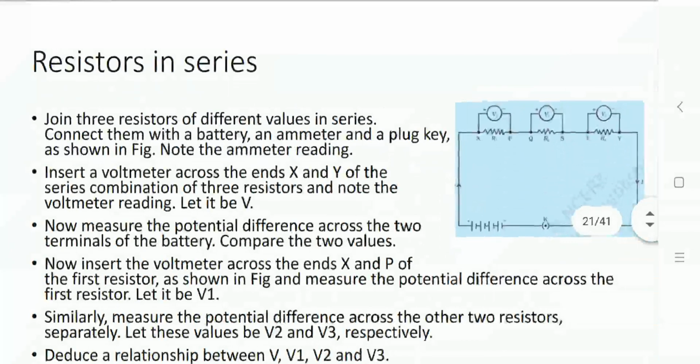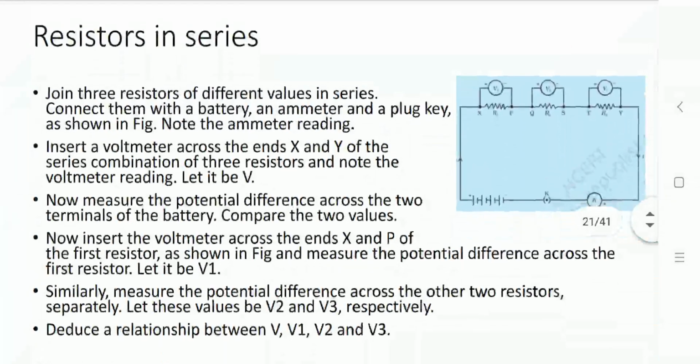So now, first we focus on how the resistors behave if connected in series. As we know, in series, while we are providing the battery, the current remains the same. So only a single current I is defined over here. From all these three resistors, the same current is supposed to flow.